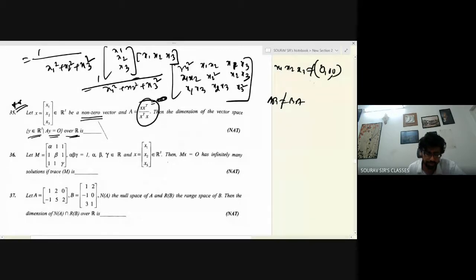Without loss of generality, let x1 not equal to 0.